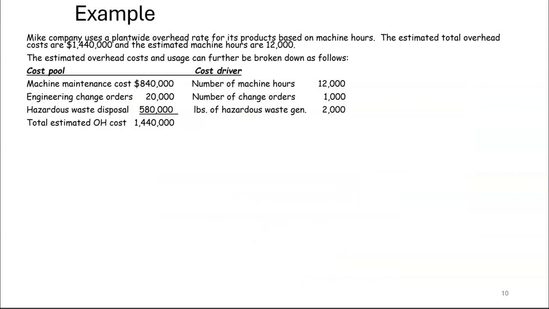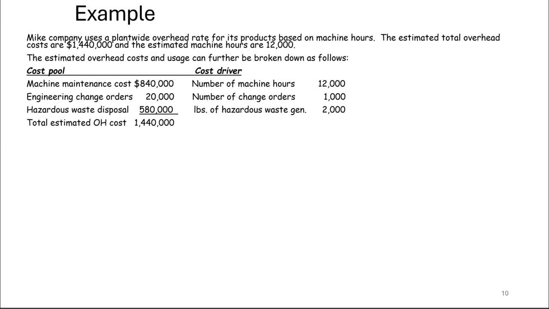I think the best way to do this is let's look at an example. In this case, we have Mike's company, which uses a plant-wide overhead rate for its products based on machine hours. The estimated total overhead cost is $1,440,000 and the estimated machine hours are 12,000. Now what we've done is we've broken down these activities based on cost pools and cost drivers.